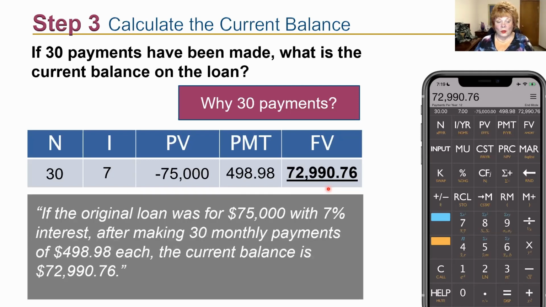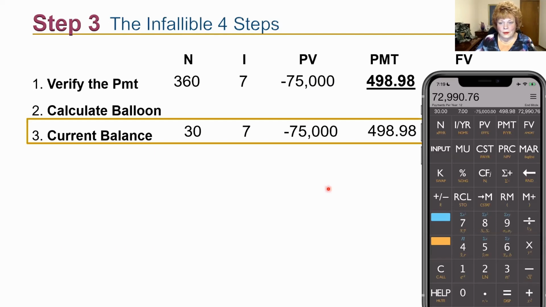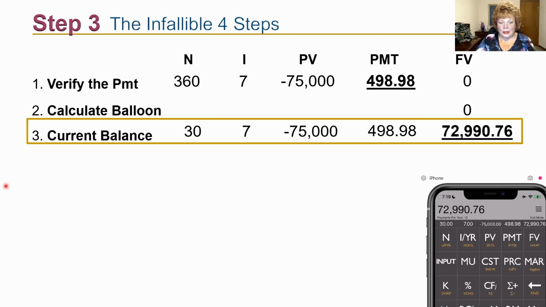If I look at these numbers, what they tell me is that if the original loan amount was for 75,000 with 7% interest, after making 30 monthly payments of $498.98 each, the current balance would be $72,990. Everybody with me? Perfect. And we move those over to our note sheet, and we've got that listed as well now.